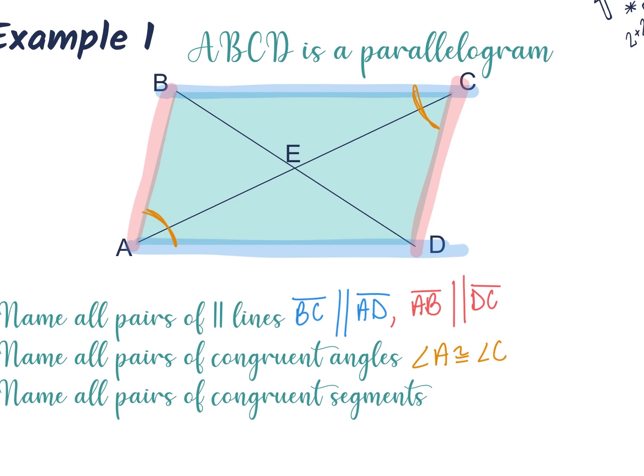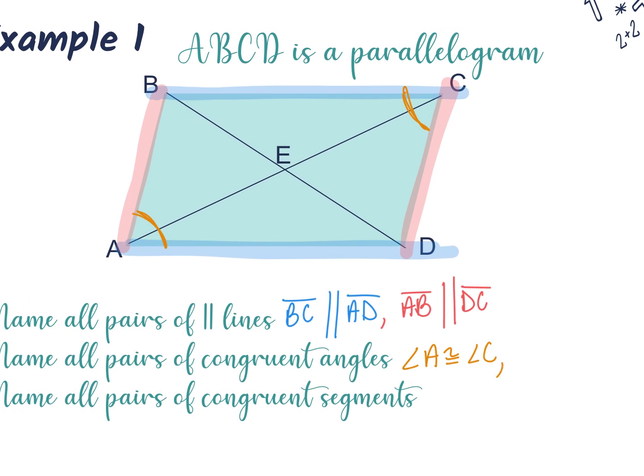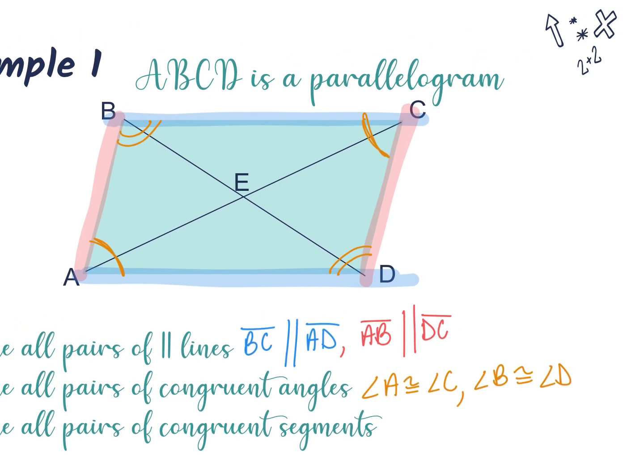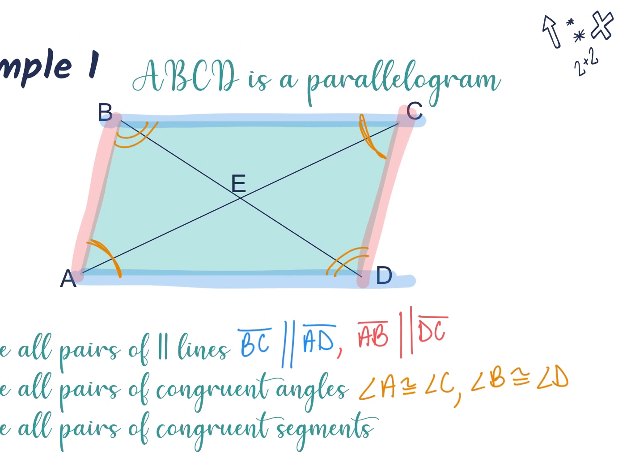What's another pair of opposite angles? B and D. All right, I'm going to represent it using 2 lines because they're different measures from A and C. Angle B is congruent to angle D. Now think of vertical angles.